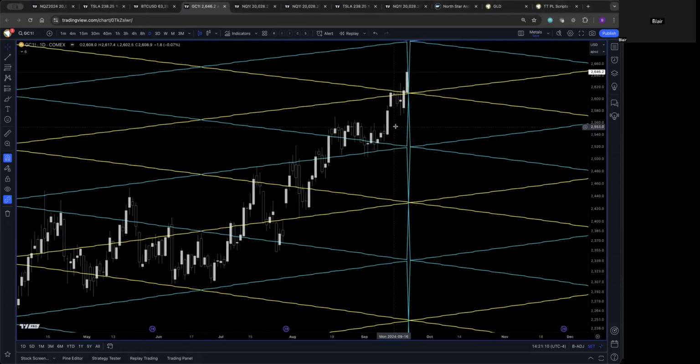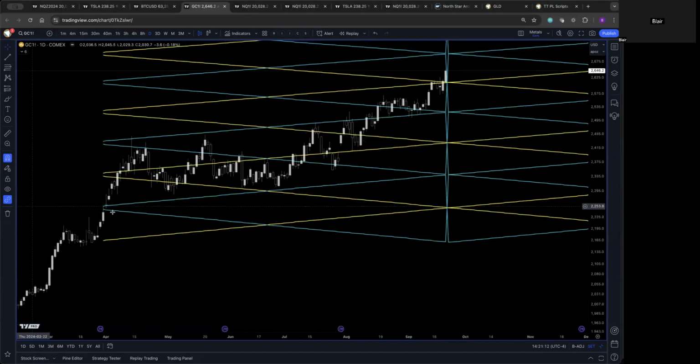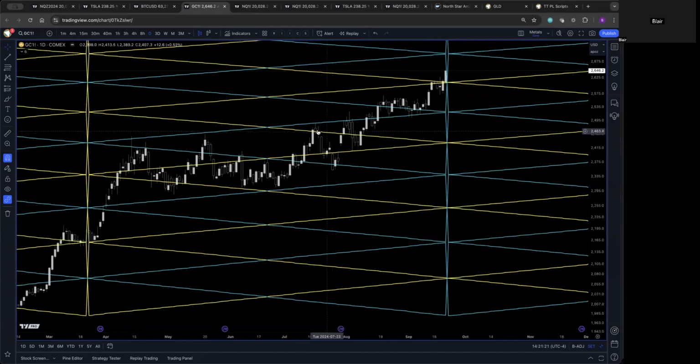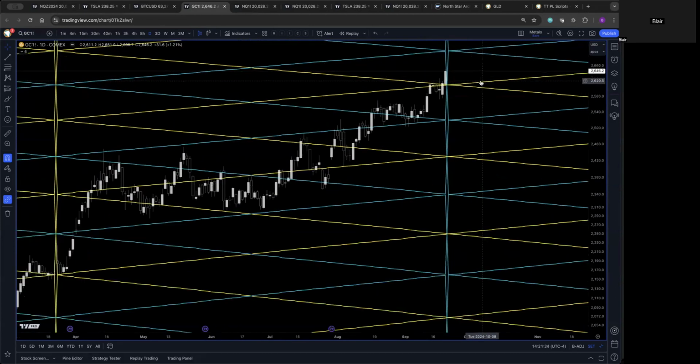And one of the things we notice about gold is that it does tend to have these big moves around the spring and fall equinoxes. And we can also see how the patterns of the sun and the earth control price very, very nicely. You can see this very nice channel here where it broke out, retested, and now it's back moving up.